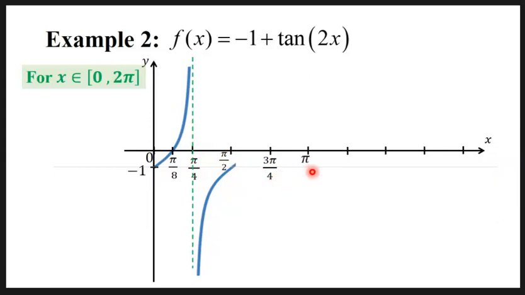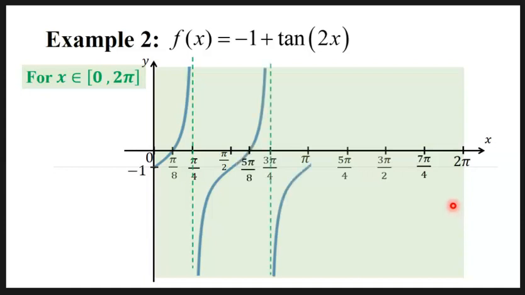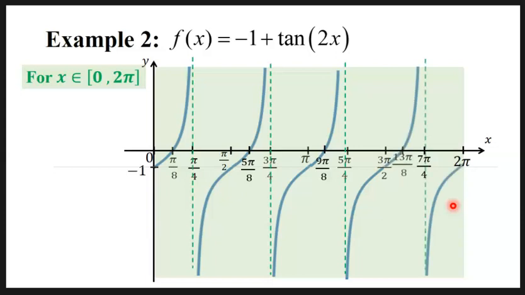Then next, pi, 5 pi over 4, 3 pi over 2, 7 pi over 4, and at last we reach exactly 2 pi. So therefore the coverage I need for the domain is what is highlighted in green here. And with this identified, now we can extend our graph accordingly, where this is the result that I should have.